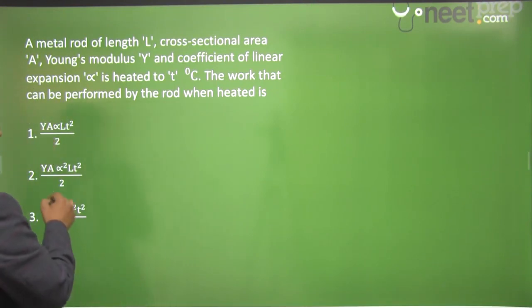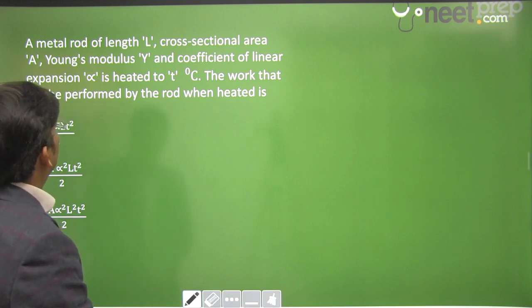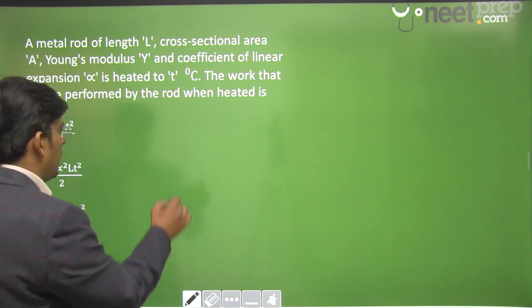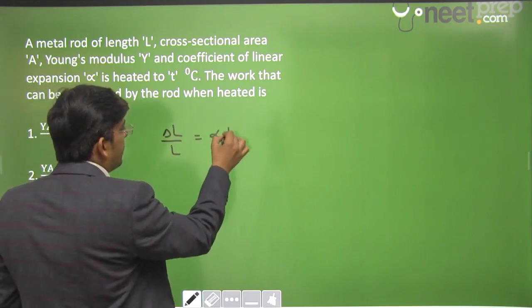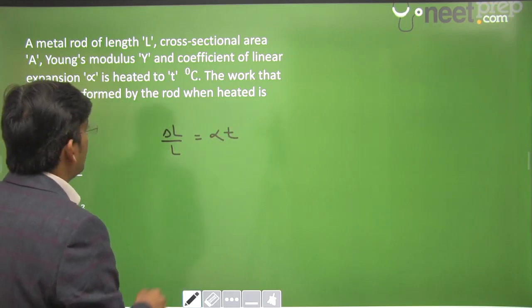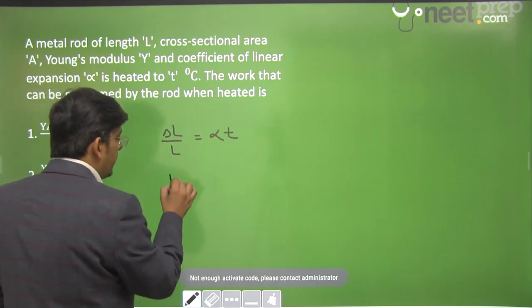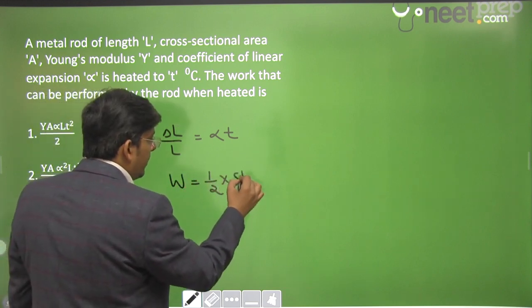A metal rod of length L, cross-sectional area A, Young's modulus Y and coefficient of linear expansion alpha is heated to T degrees Celsius. Change in length divided by original length is alpha into change in temperature. The work that can be performed by the rod when heated is, see, work done is half into stress into strain.